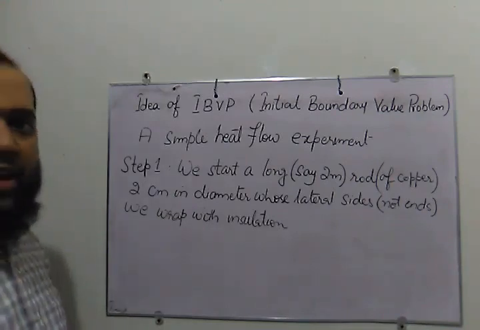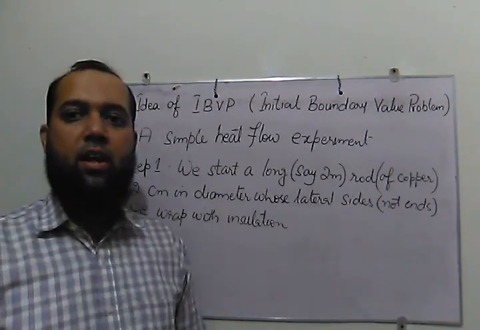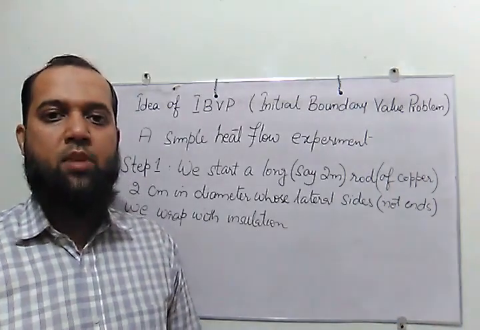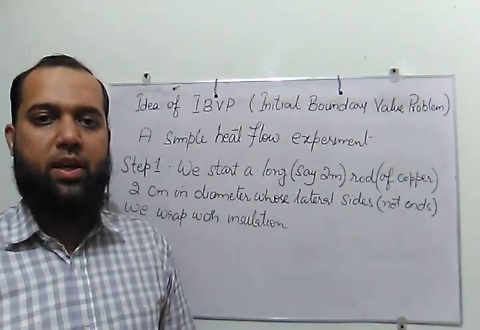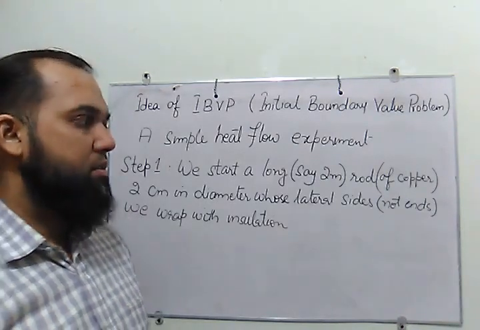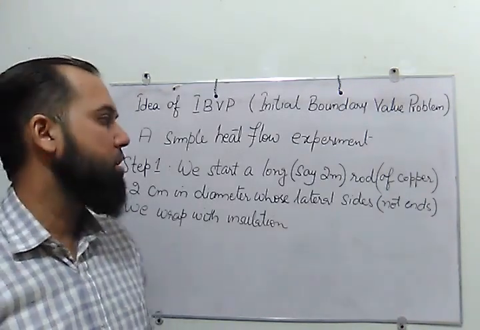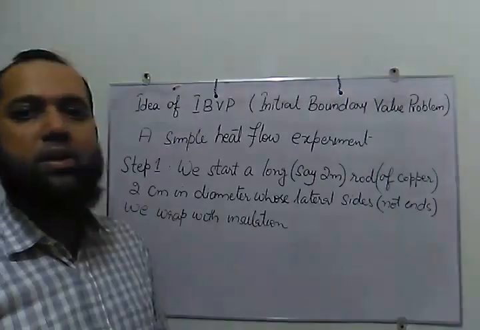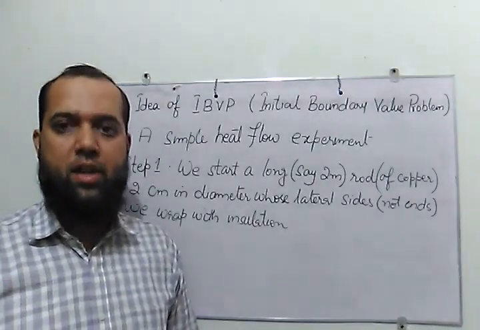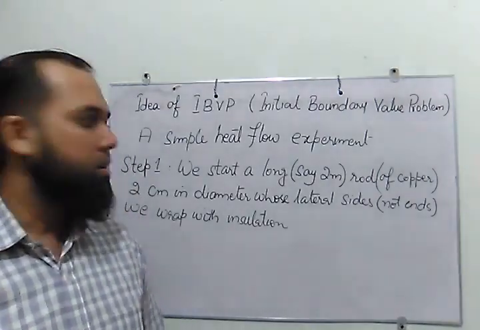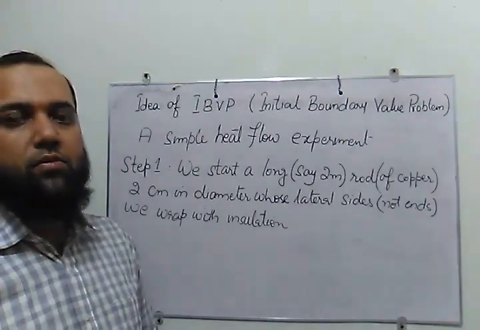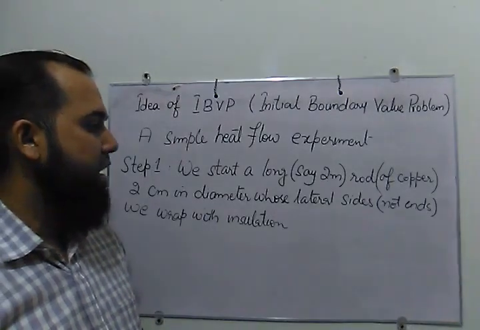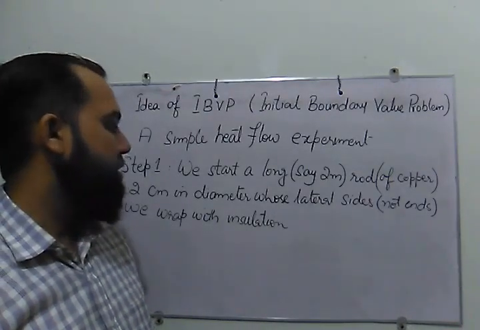We take a copper rod, okay, not exactly a rod but a copper tube, hollow from the inside, which has a length of about 2 meters, which is reasonably long, and copper is a metal, so heat can conduct. The diameter is 2 centimeters, and we make the setup so that the sides are insulated.